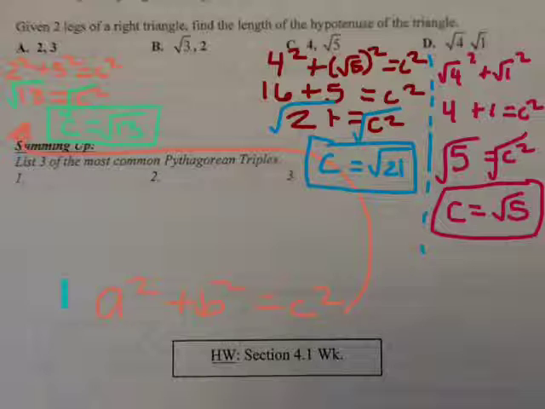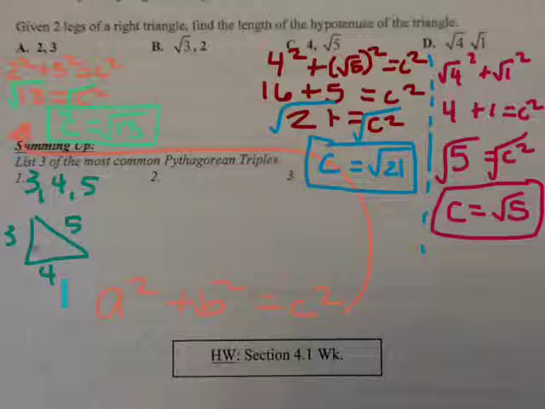And just to sum things up, the most common Pythagorean triples are, the big one is 3, 4, 5, meaning 2 sides of your right triangle would be 3 and 4, and then the hypotenuse would be 5. Another common one is 5, 12, and 13.